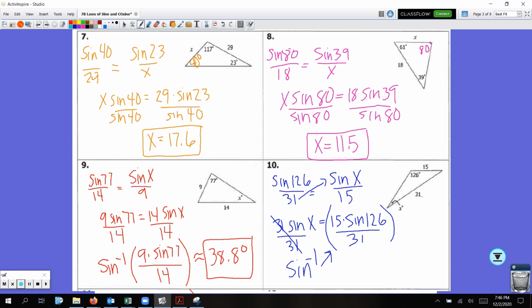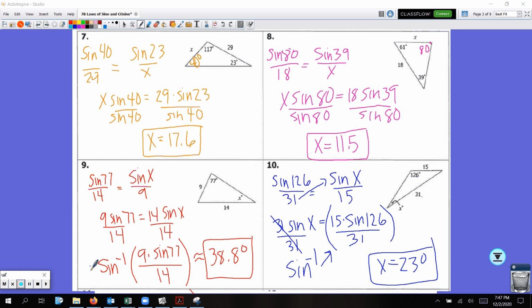So second sine, 15 times sine 126, close parenthesis, divided by 31, enter. Round to the nearest tenth. I get 23 even, because it's 23.045, but the 4 doesn't make the 0 go up, so it's just going to be 23 degrees. X equals 23 degrees. Beautiful.